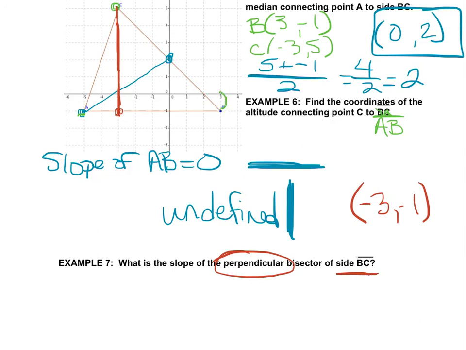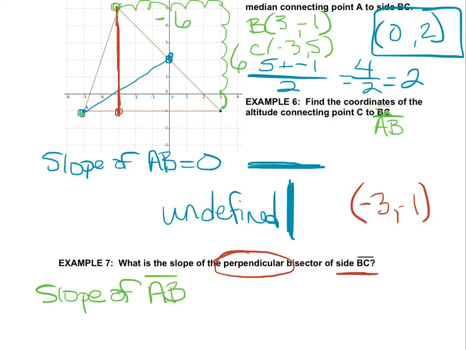So I have up 1, 2, 3, 4, 5, 6, and left 1, 2, 3, 4, 5, 6. That's a negative 6. So the slope of BC is 6 over a negative 6, which is really just negative 1.